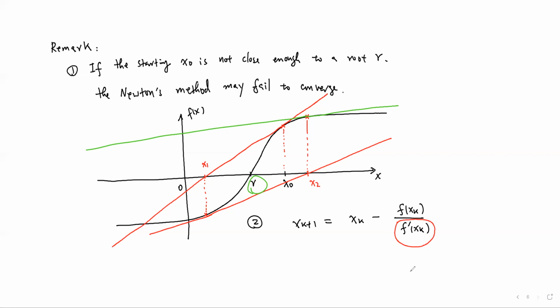How can we compute the derivative of the function? This is a big drawback. Therefore, Newton's method is a theoretical method, not a practical method. But anyway, it is very fast.